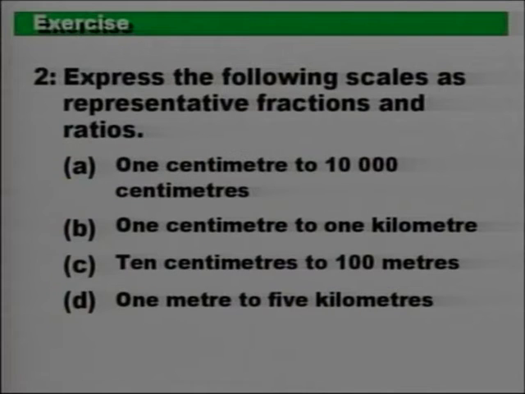Okay, do the third one, C and D. We have one more minute, and then we'll correct the second lot of exercises. Good, that's it. That's what you're supposed to do in ratio form. Good.